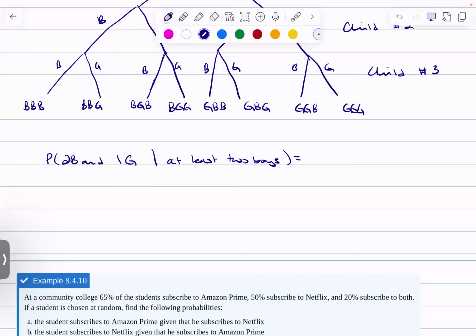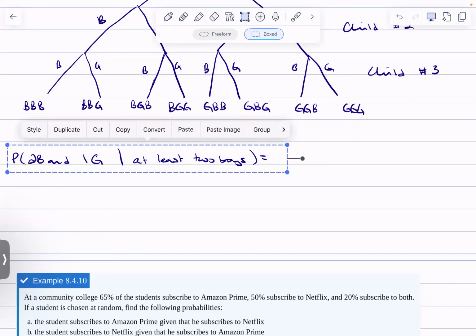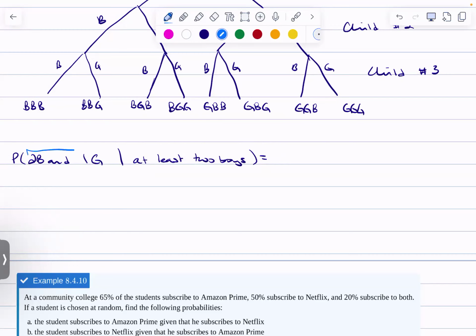Let's translate that into the probabilities, right? Instead of using the tree to solve this, let's find the probabilities. This is your E given your F, right? Which means you want the probability of 2 boys and a girl and at least 2 boys in your numerator.